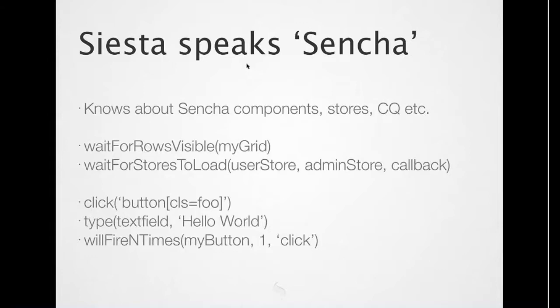You can target things on the screen through various target locators, such as xtypes and so on. So you can say click and pass a button component query, or you can type into a text field. If you have observable classes, you might want to verify that a certain observable fires exactly the number of events you expect it to throughout the lifetime of a test. Very useful stuff, actually.